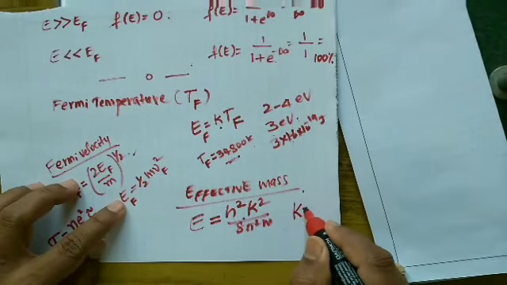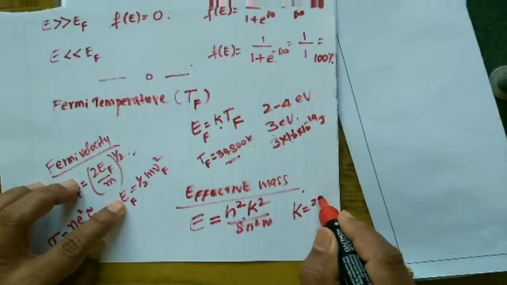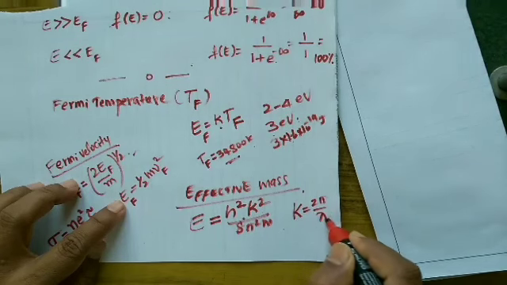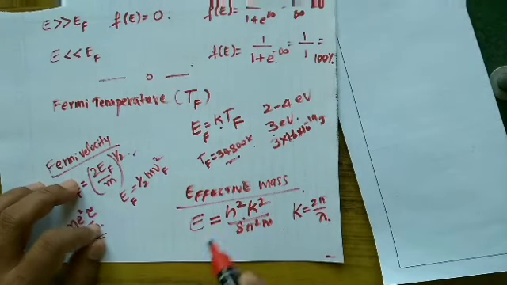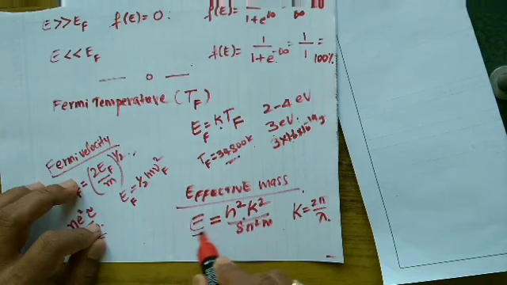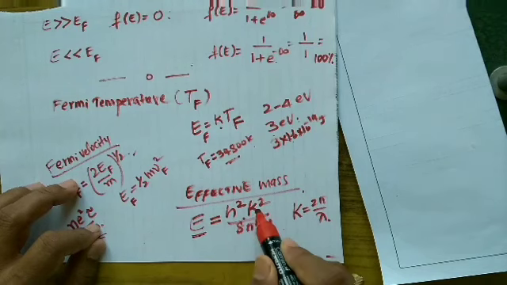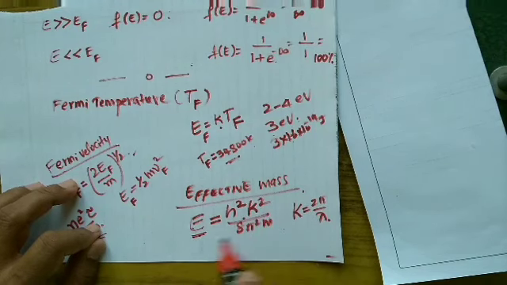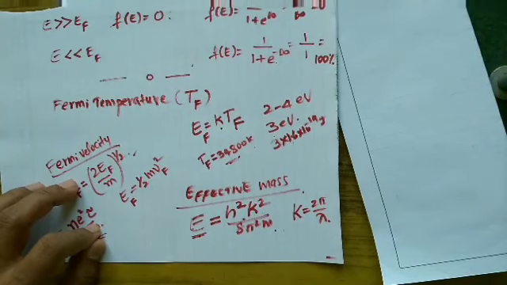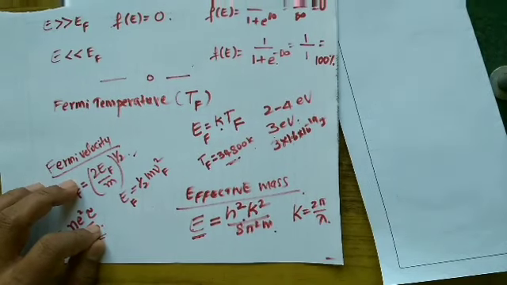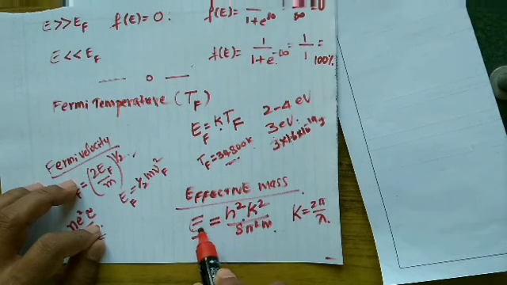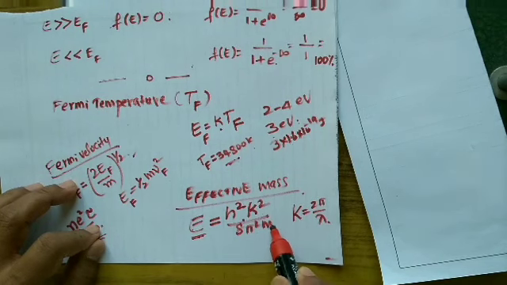You can write it as 2 pi by lambda. So this equation suggests that the energy of a particle depends directly on k and inversely on mass. Classical theory had assumed that mass was constant.